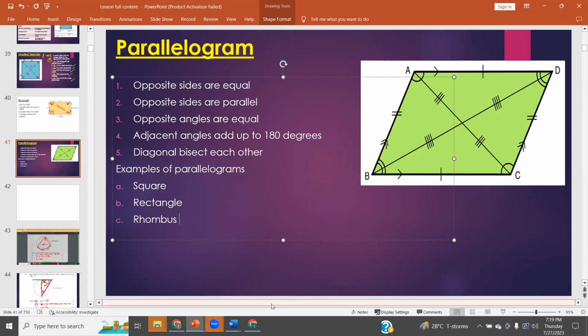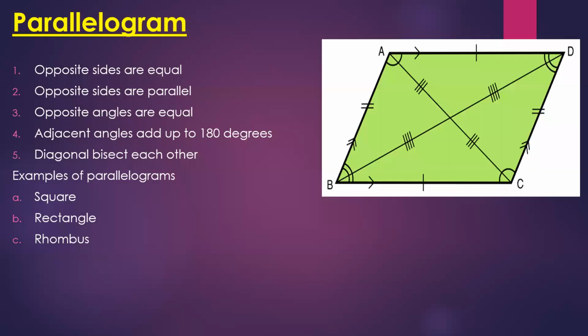All right, so Alasia, are you there? Yes, sir. Give me one feature about the parallelogram that you know based on what we just talked about. Diagonals bisect each other. Very good, their diagonals bisect each other. Anastasia, give me one feature.